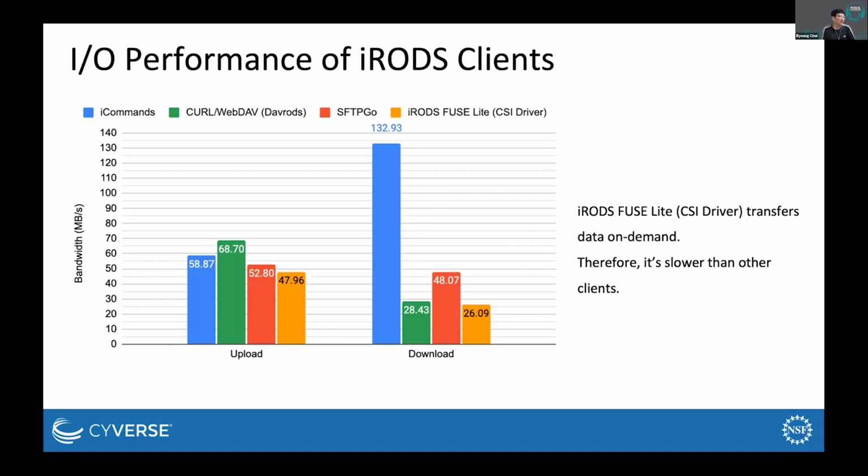Nevertheless, we think we can improve the performance of iRODS Fuse Lite a bit more, at least close to SFTP Go, the red one. So we continue to optimize the code these days.